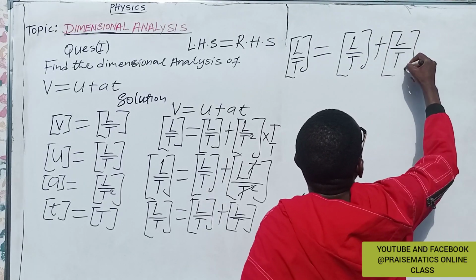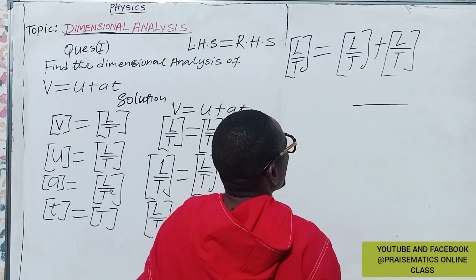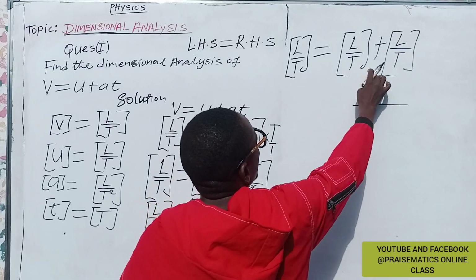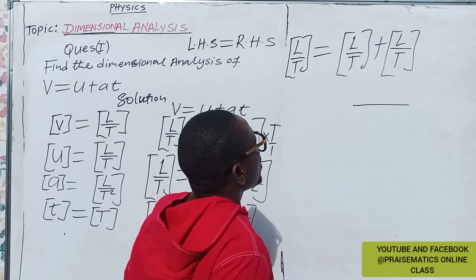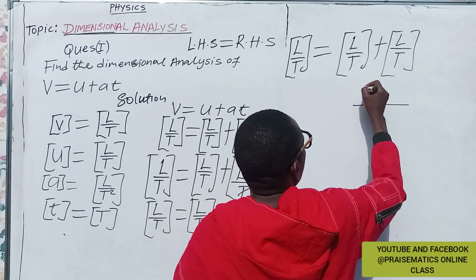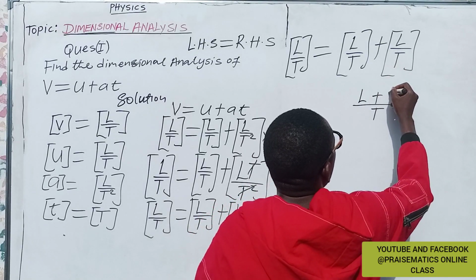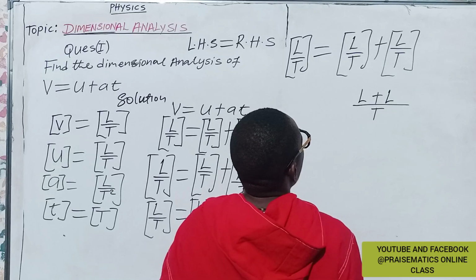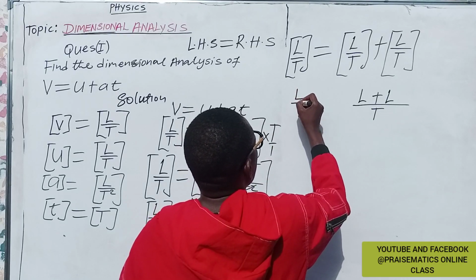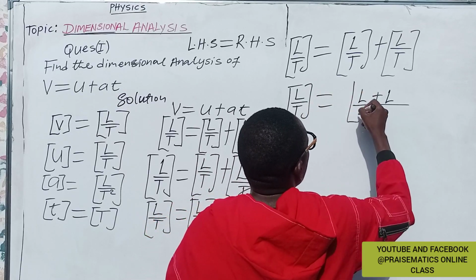Because of addition, can we find the LCM of the denominator, which is T? T goes into T once, times L, plus T goes into T once, times L. So is the dimension of this equal to the dimension of this?